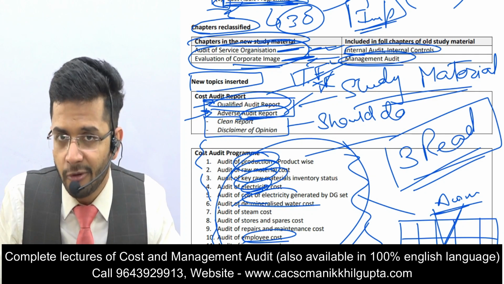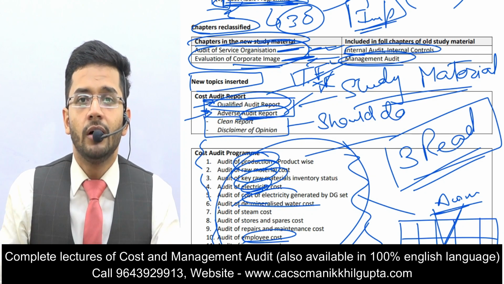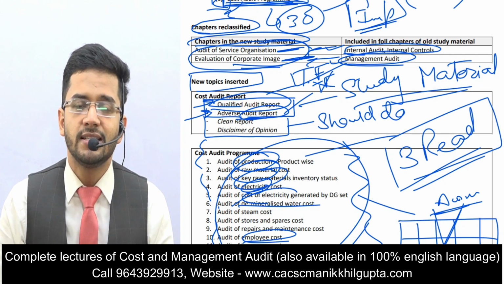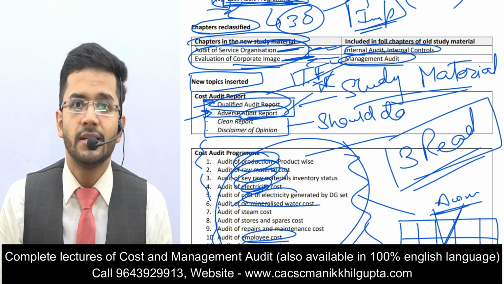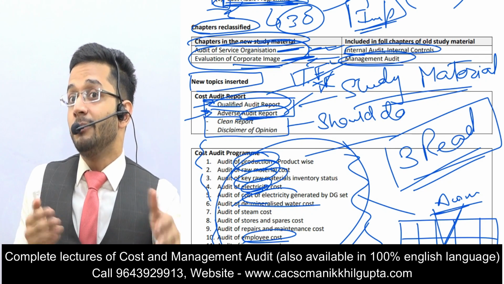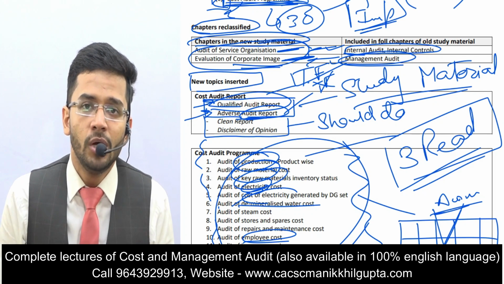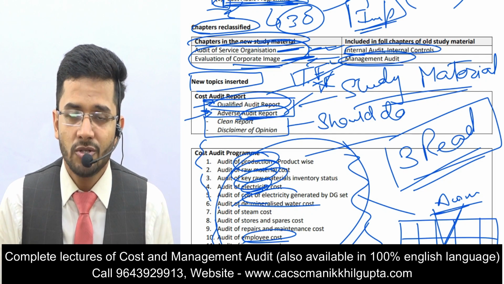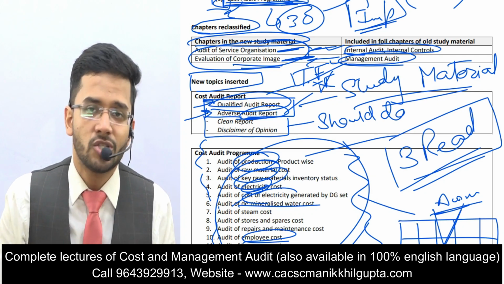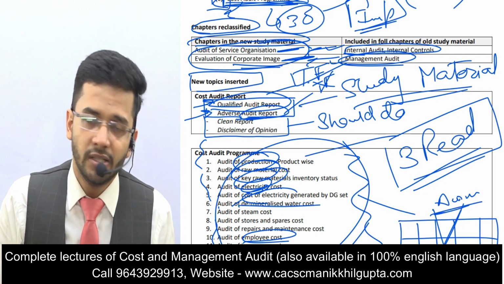Now, what is disclaimer of opinion? Disclaimer of opinion means the auditor is unable to verify, is unable to check the entire cost statements, and therefore he is refraining from giving any view. He is not giving any view because he has not been made privy to the cost statements, or he has not been made privy to the information which is required to audit the cost statements.